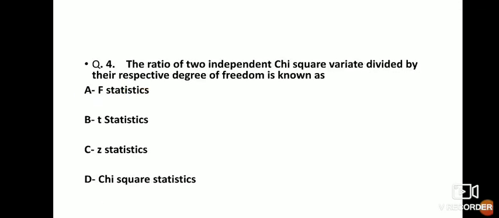Next, the ratio of two independent chi-square variates divided by their respective degrees of freedom is known as? The given options are f statistics, t statistics, z statistics, chi-square statistics.